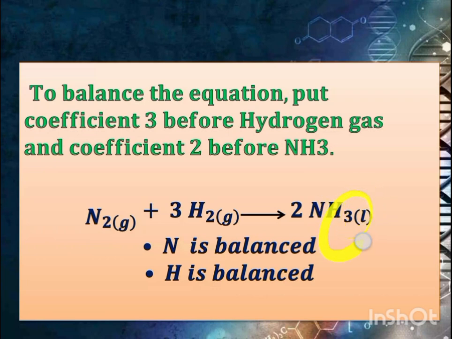Now this 3 is multiplied by this coefficient, and 2 into 3 results in 6 hydrogen atoms. So to balance this hydrogen with this H2, I have to multiply a number here so that I get the answer of 6 when it gets multiplied by 2. And I know that 3 is the only number that, when multiplied with 2, results in 6 hydrogen atoms. So now hydrogen and nitrogen both are balanced.